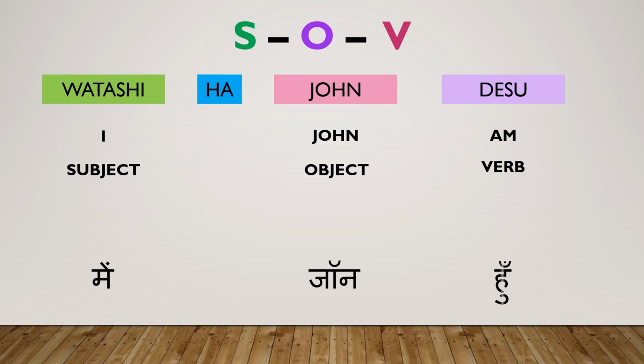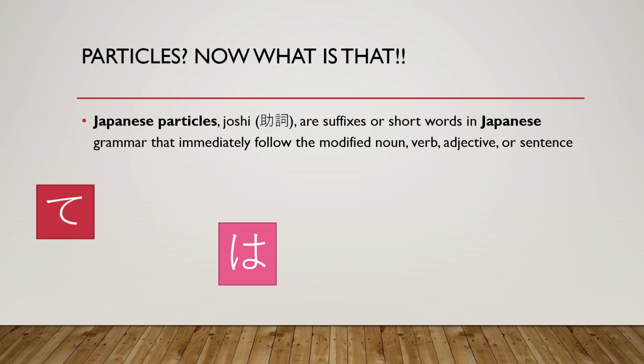Now you might be wondering, what is this wa? After Watashi, I mentioned the word wa. What is this wa? So wa, which is written as ha, is a particle. What are Japanese particles? Japanese particles are known as joshi.